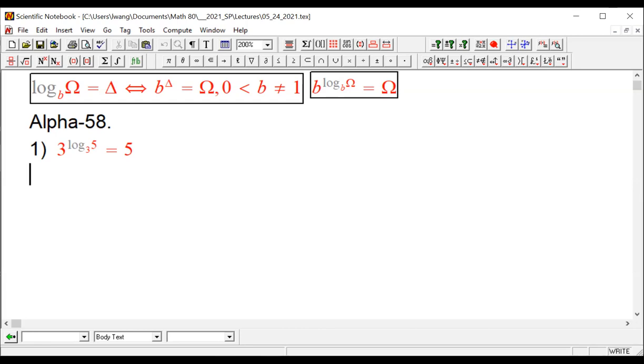How about number 2? Five raised to the power of log base 5 of 6.